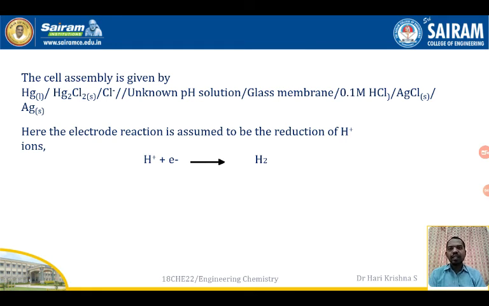It consists of a glass electrode and a calomel electrode dipped in a solution of unknown pH. As discussed earlier, the electrode reaction here is the liberation of hydrogen at the cathode. That is, H plus ions get reduced at the cathode: H plus plus electron gives hydrogen.